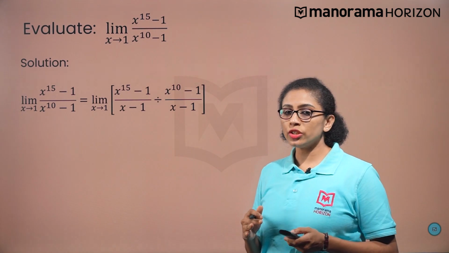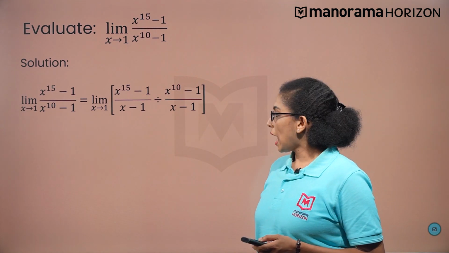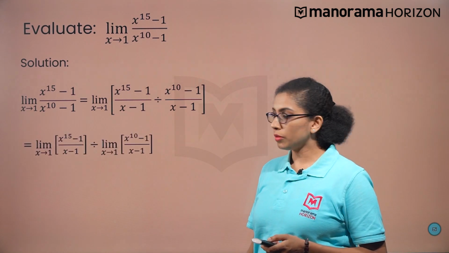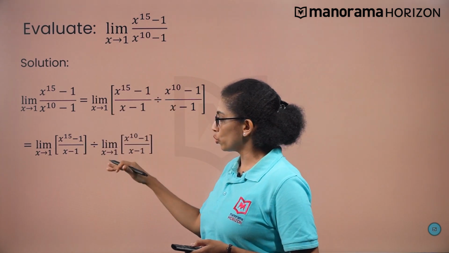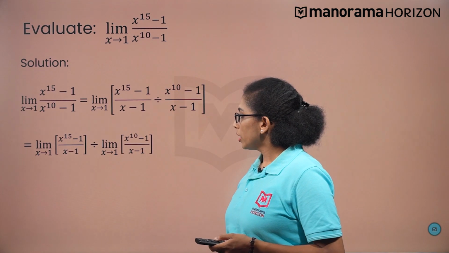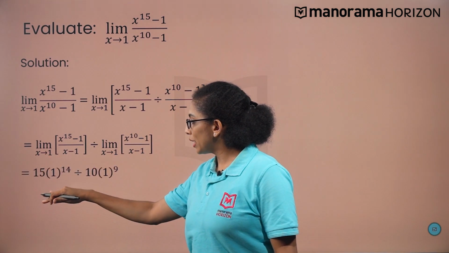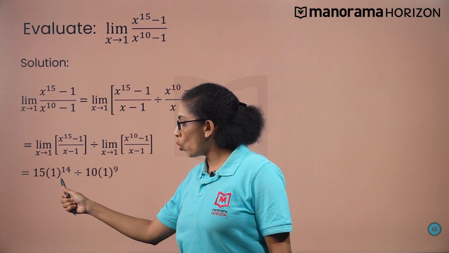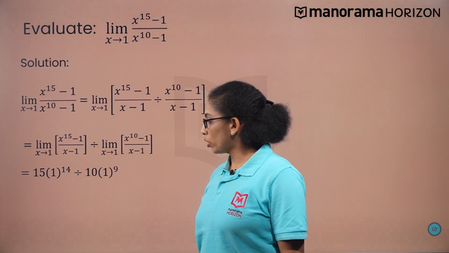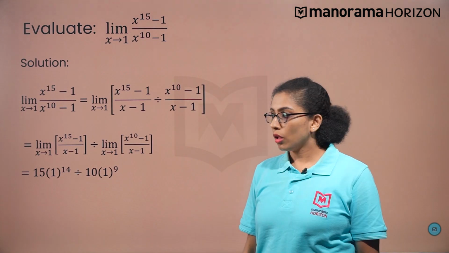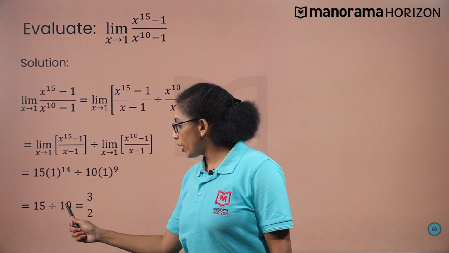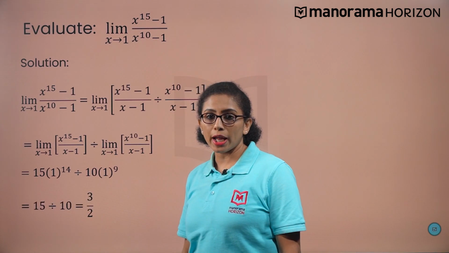Then the fraction will be rearranged in the form of the above theorem. We apply the quotient rule and the limit. Now applying the values, we get 15 into 1 raised to 14 divided by 10 into 1 raised to 9. On solving, we get 15 divided by 10, which is equal to 3 by 2.